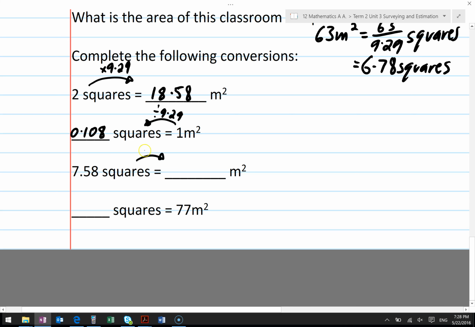Squares to meters squared, times by 9.29, gives 70.42 meters squared. And the opposite way, again dividing by 9.29, gives 8.29 squares.